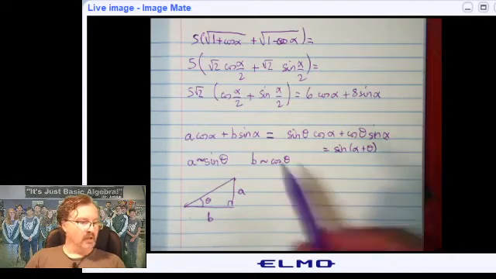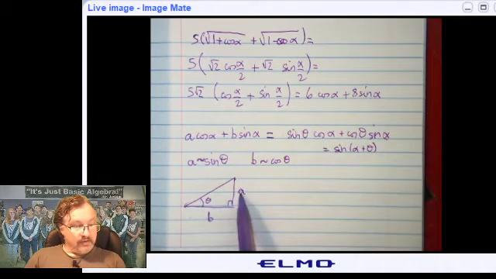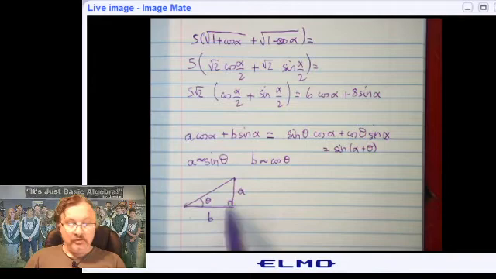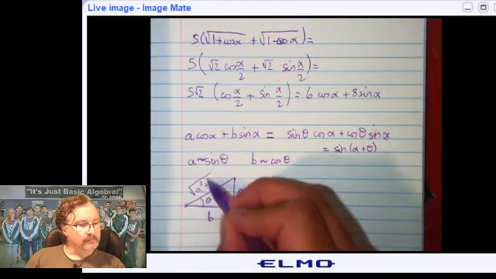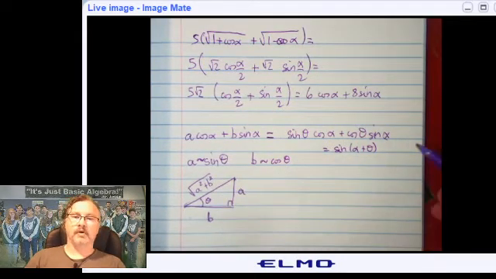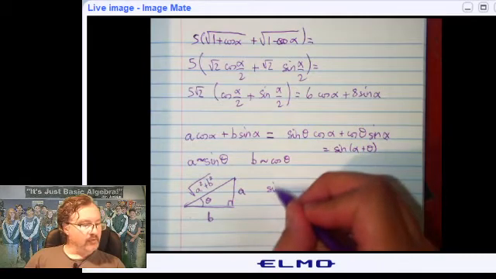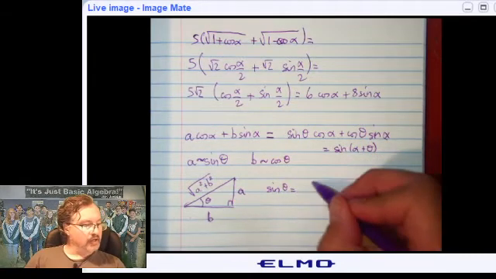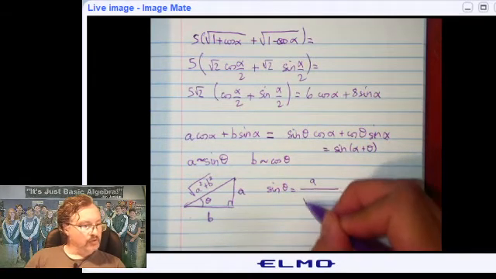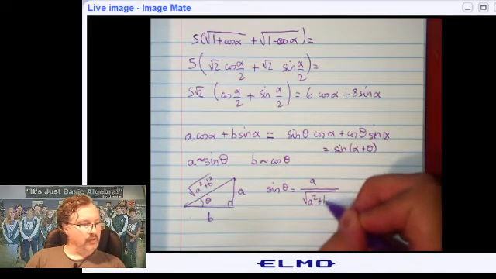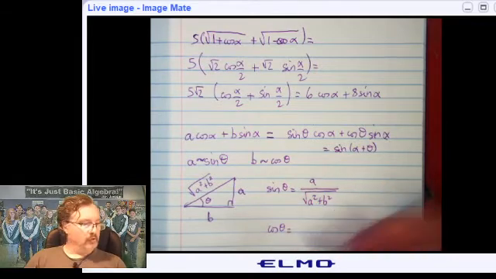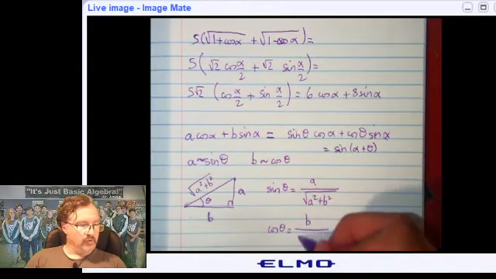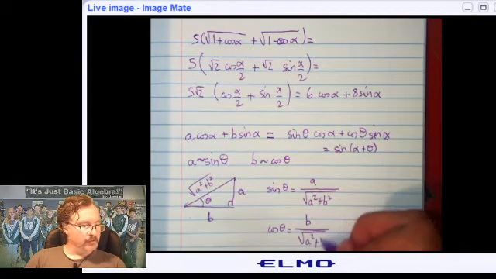And if we have an A right here and a B right here, that means that according to the Pythagorean theorem, the hypotenuse will be the square root of A squared plus B squared. Which means that the sine of the angle theta would be equal to A over the square root of A squared plus B squared. And the cosine of the same angle will be equal to B over the square root of A squared plus B squared.